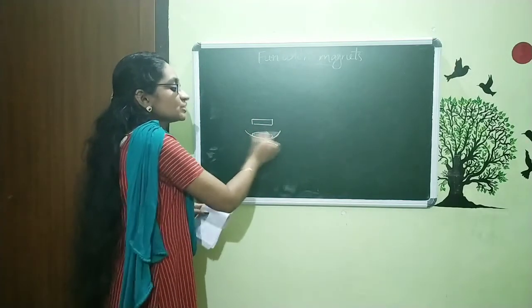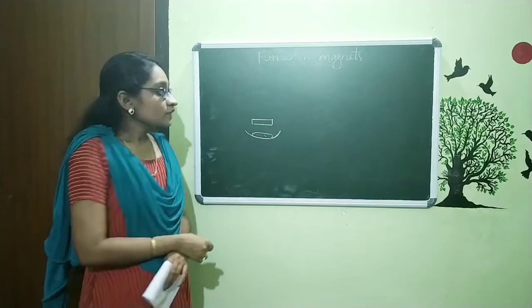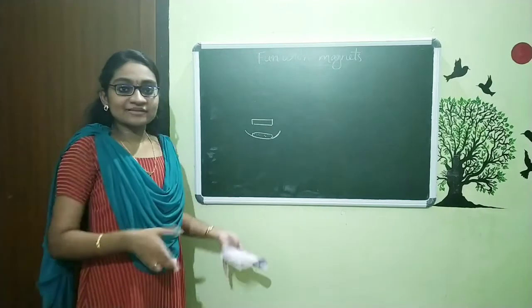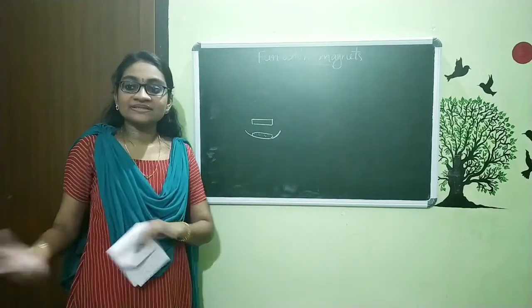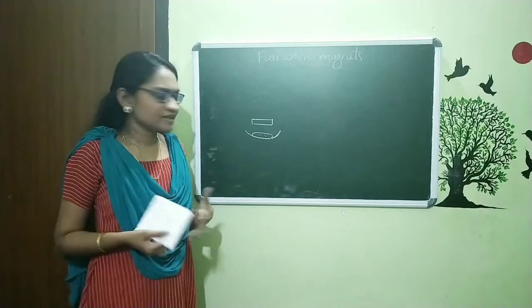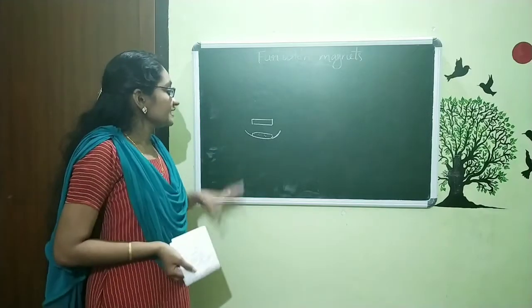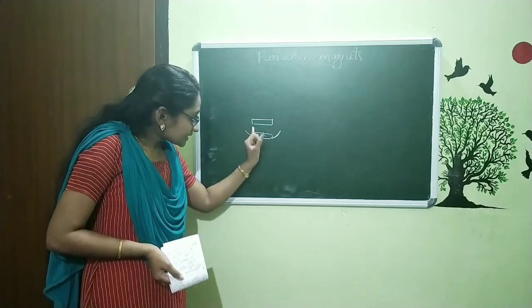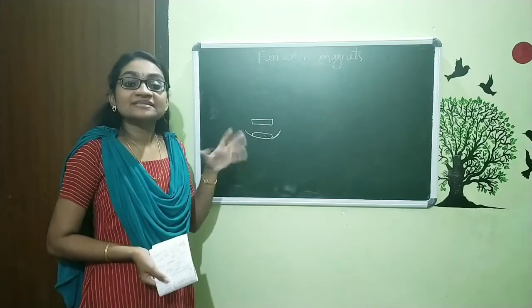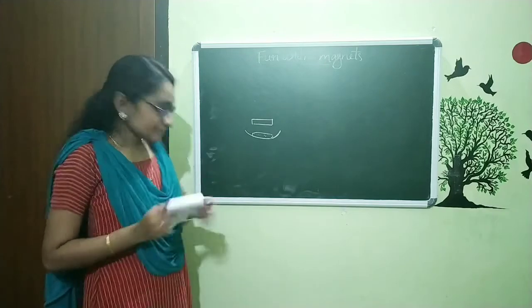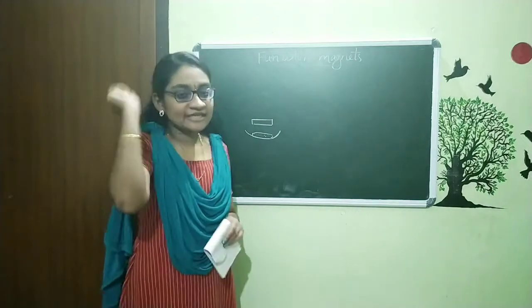So I can take soil A, soil B, soil C. That means there are different types of soils, which you may study in geography. The result on this magnet is different with different soil. That means you will get three types of results.